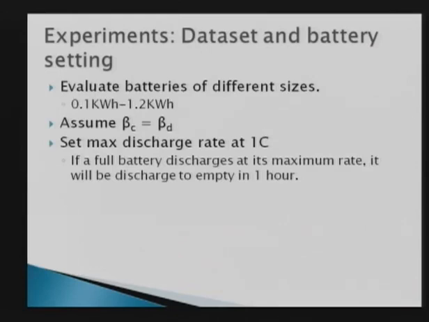We always assume beta C equals beta T, so the battery can charge or discharge at the same maximum rate. We say the max discharge rate is 1C, so that means if a full battery is discharged at its maximum rate, it will be empty in 1 hour. For example, if we have a battery with a capacity of 0.5 kilowatt hour, then in every second it can be charged by just 0.5 kilowatts a second.